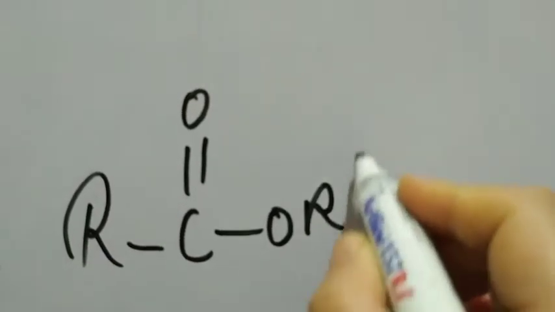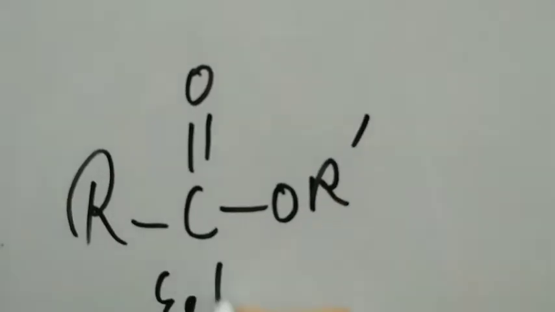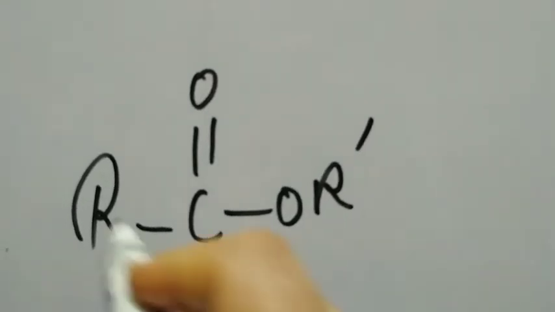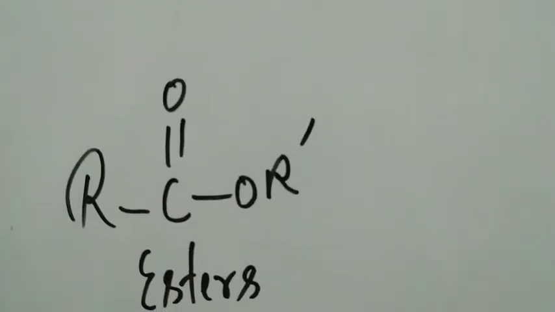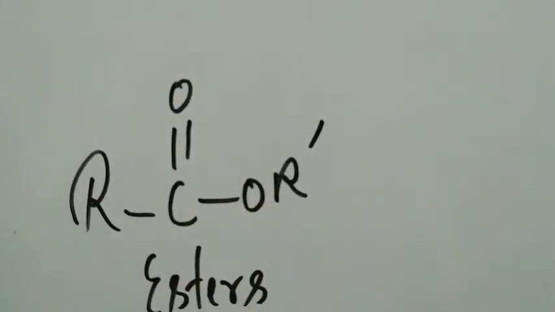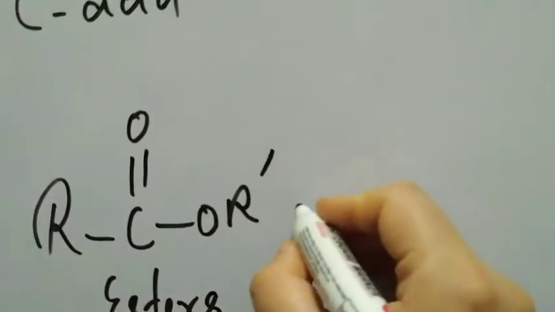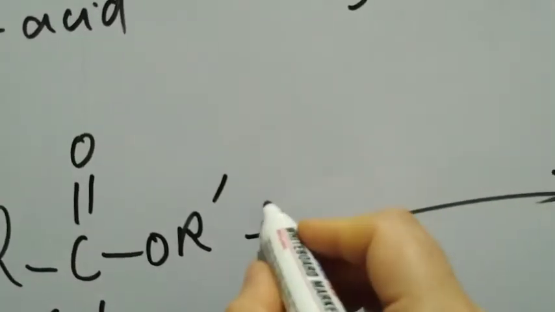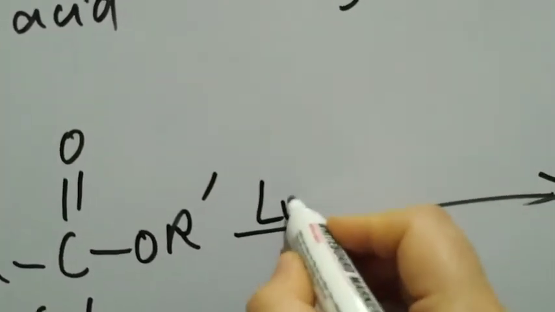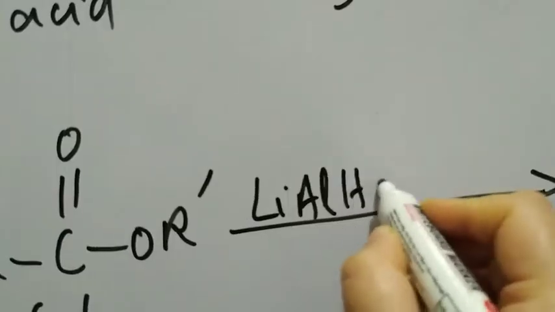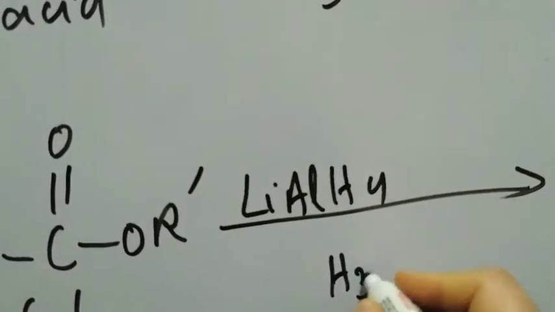Similarly, if we start with an ester, what is an ester? R C double bond O OR'. Now this R' can be similar to R, which is called a simple ester, or it can be different, which is called a mixed ester. Here we carry out the reduction again in the presence of lithium aluminium hydride and H3O+.